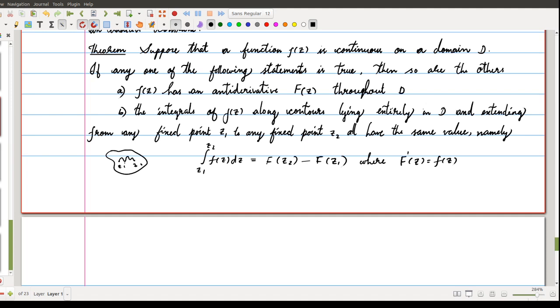Then the value of the integral of f of z from z1 to z2 along this contour will be capital F of z2 minus capital F of z1. This capital F is nothing but the antiderivative we have assumed in A. If an antiderivative exists, then this holds, and for the equivalence we will get the reverse implication as well.